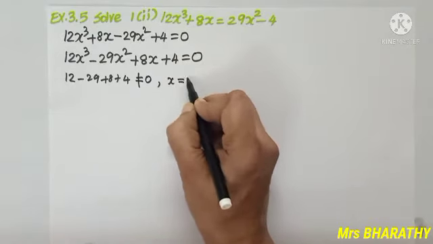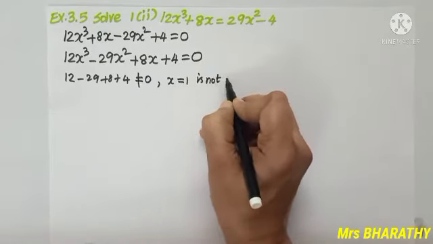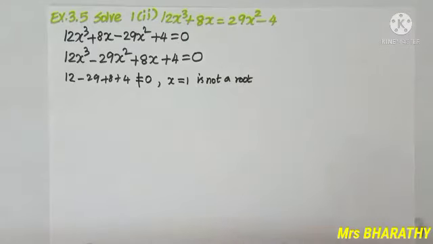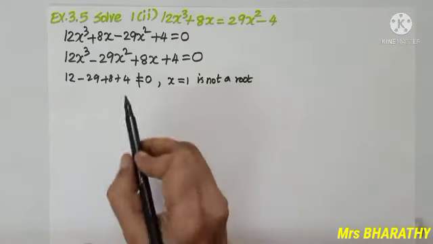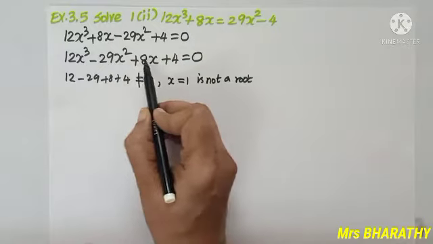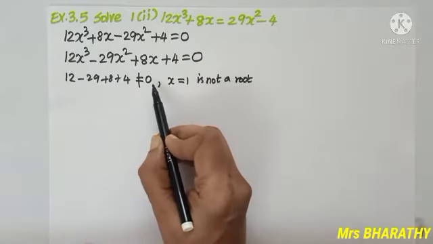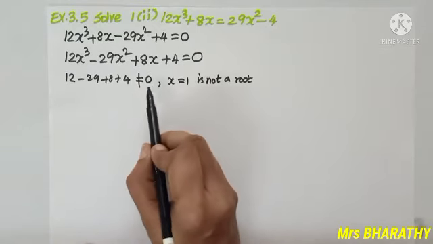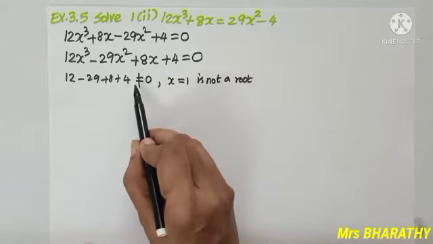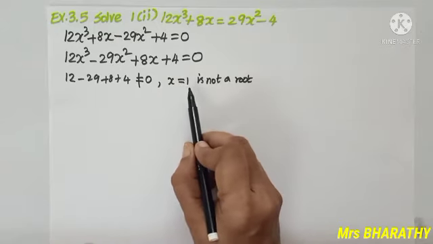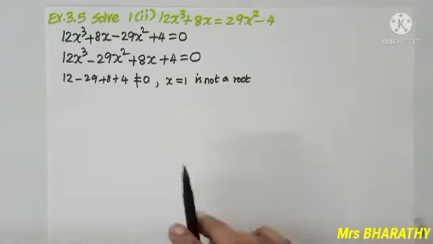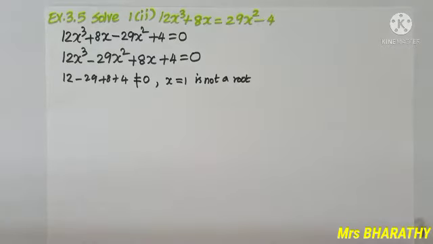So x is equal to 1 is not a root. So my very first idea, I check all the coefficients added together gives me 0. Here it is not. If it is 0, I will declare x is equal to 1 is a root, but it is not 0. So x is equal to 1 is not a root.